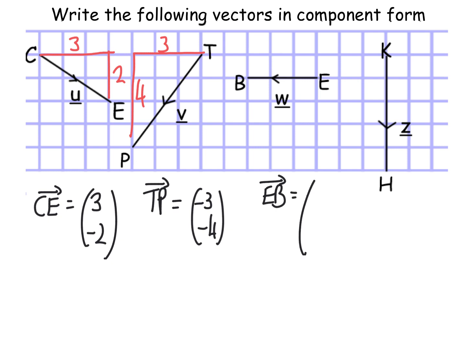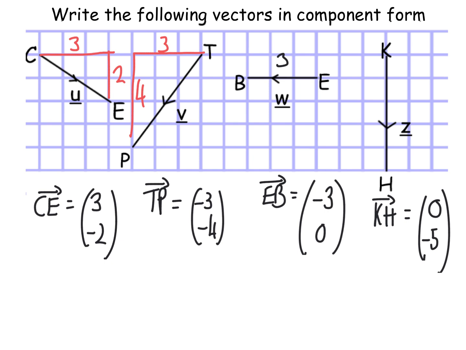So EB is simply back 3, and then there's no up and down number, so that would just be (-3, 0). And similarly, on the next one, we're going from K to H, and this time there's no along number, so it's 0, and then it's simply gone down 5, so it'd be -5.